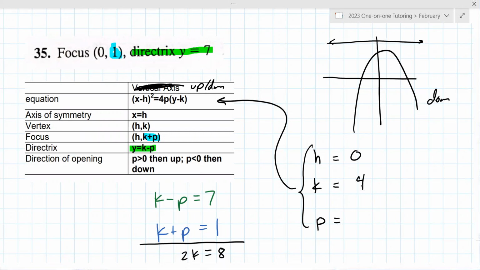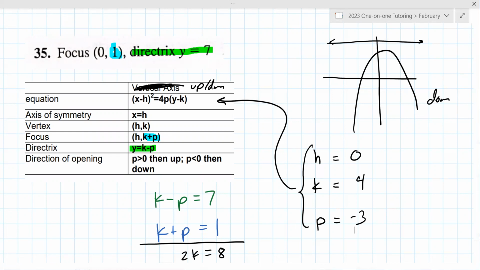Use the equation to find P. 7 minus 4 is 3. So P is -3. And once you have those, you just put them back into the equation. Okay, so 36 is just like it.